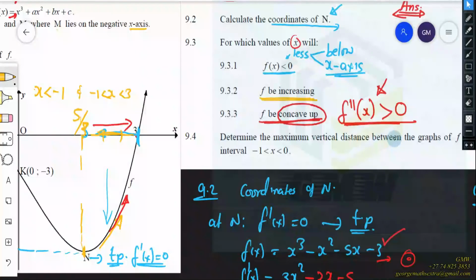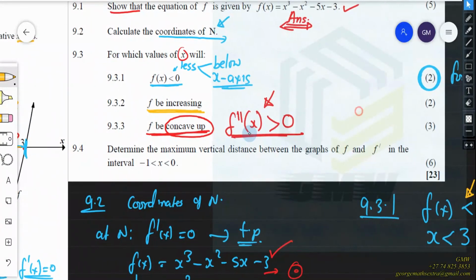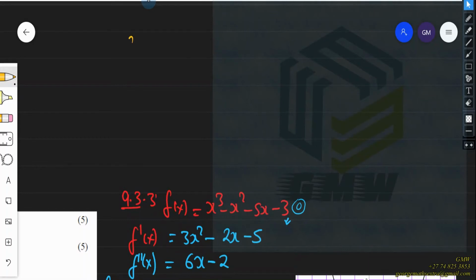So now, if we go to the graph, 1/3 is supposed to be somewhere here. For any value that is greater than 1/3, which means I'm going in this direction, surely the graph is concave up. So to give you concave up and concave down in pictures, for concave up, the graph looks like this.